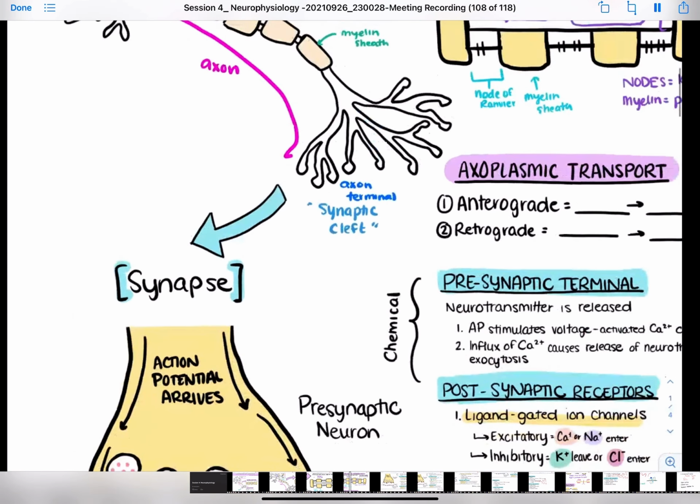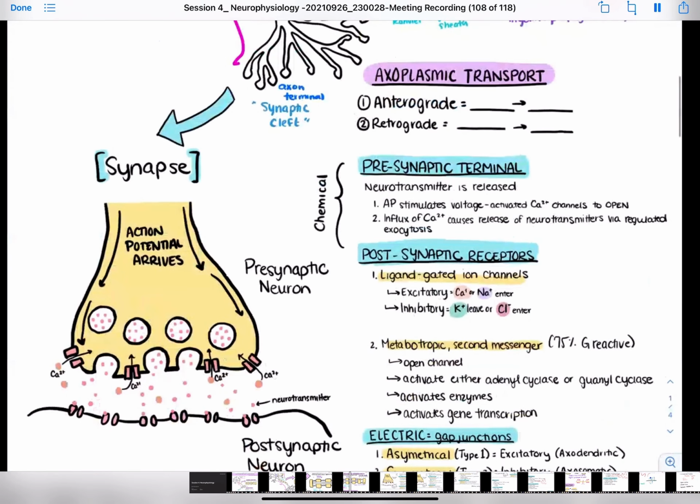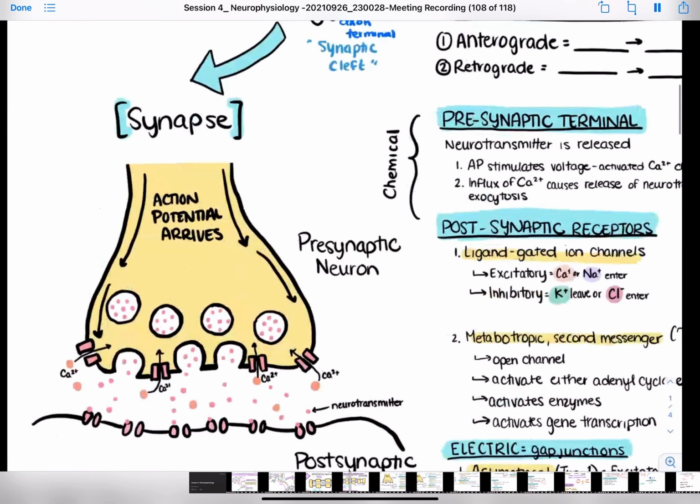So how this works, so here we have our synapse. An action potential arrives. So it's traveling through saltatory conduction. It arrives here. And so action potential is a voltage. Okay? It's not like sodium runs. Sodium and potassium work to run this voltage.